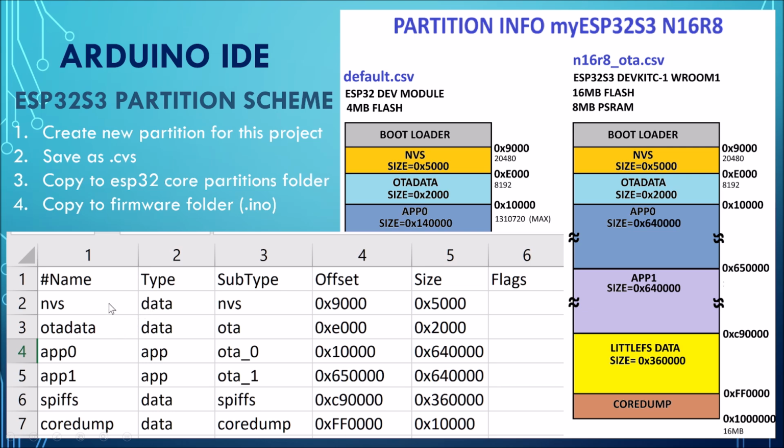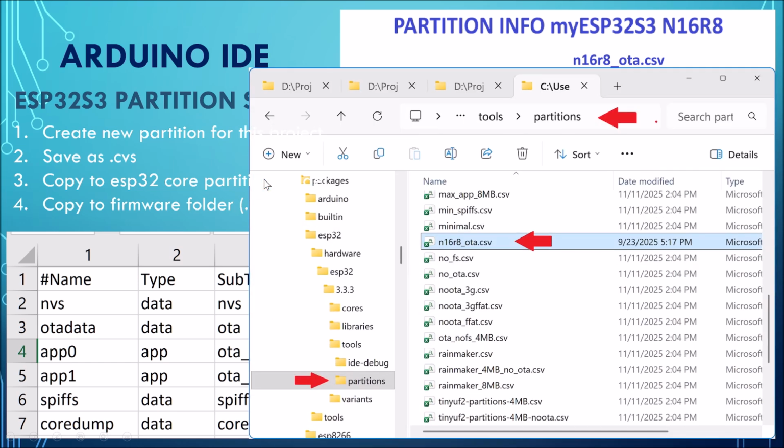So we've got the NVS partition, which is necessary, no choice on that. We've got the OTA data, no choice on that, but we've got 2 app partitions. We've got a SPIFFS partition, actually it's LittleFS, but we call it SPIFFS, and a core dump, which you must have if you want to use the exception decoder. So that's what we've got.